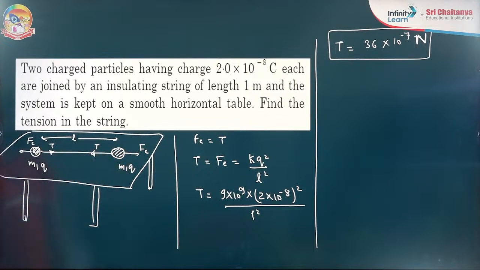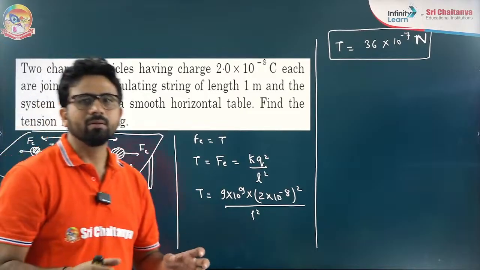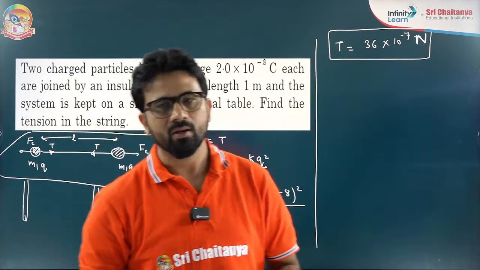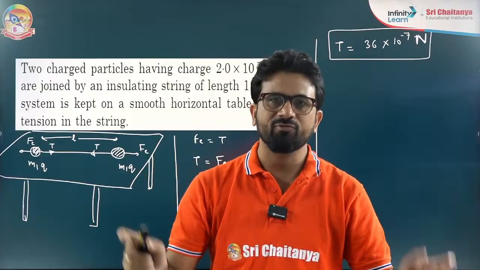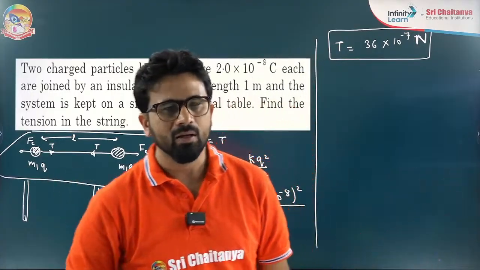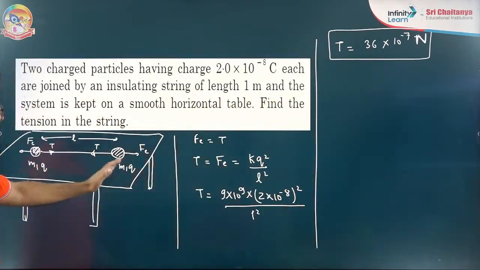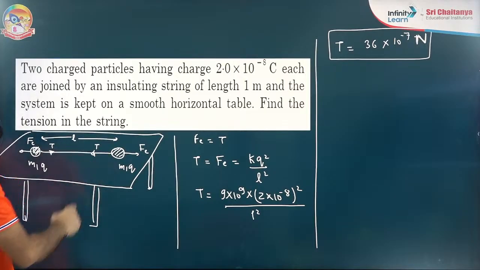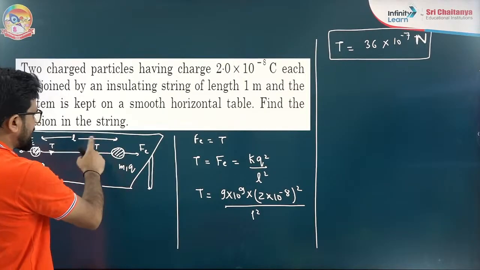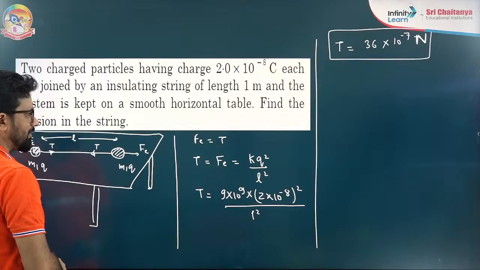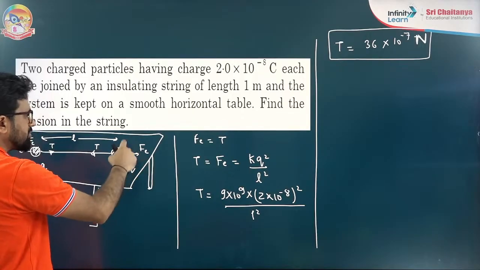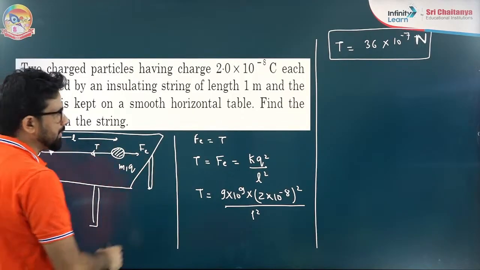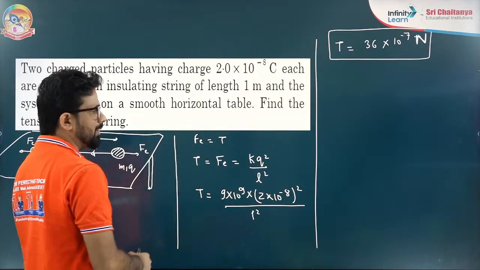But the string keeps them stuck together, so they are not moving far apart. That means there is tension in the string. So what is the tension value we are going to calculate? The electrostatic force and tension should be equal. That means electrostatic force is equal to tension.